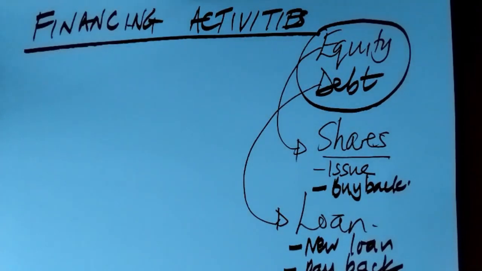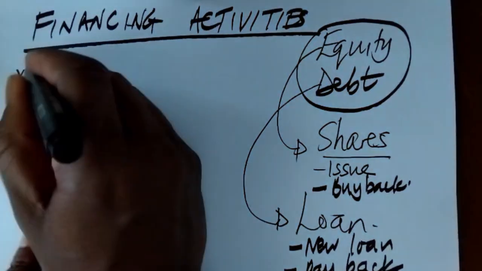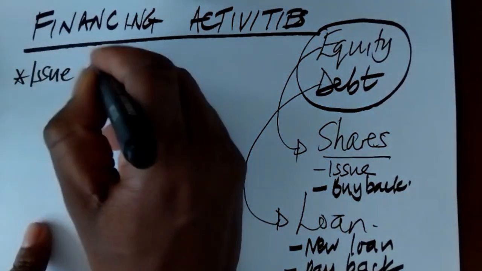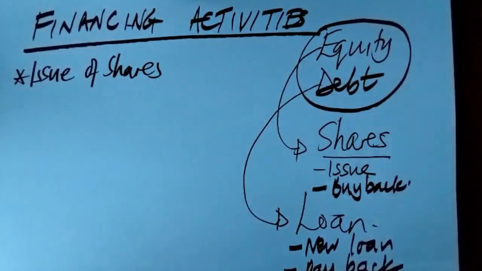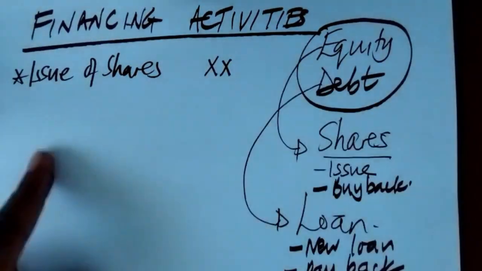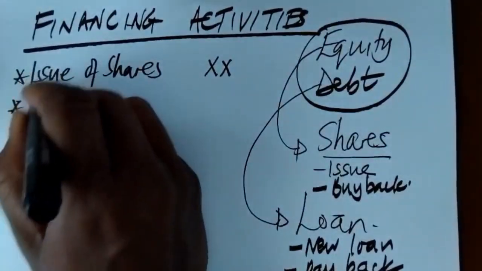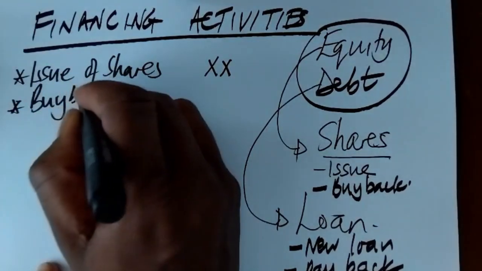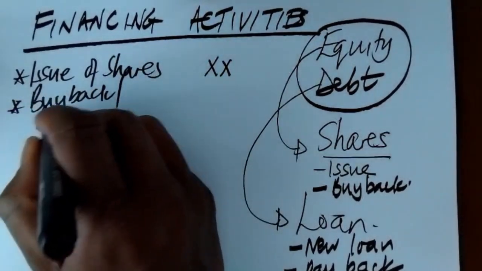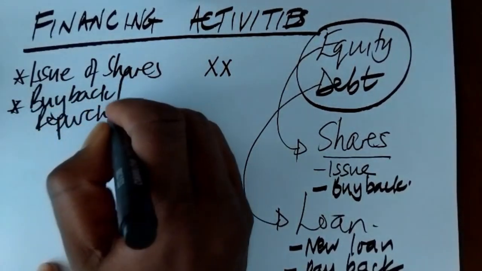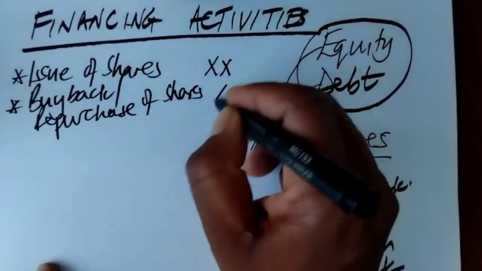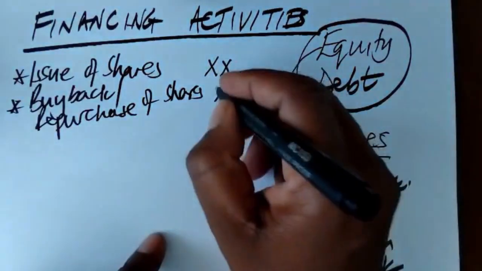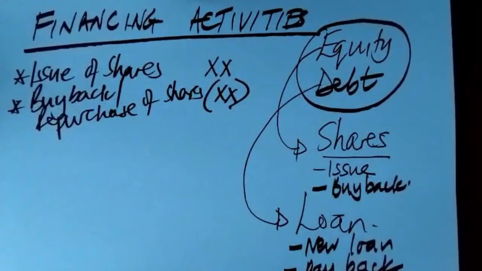So what does it mean? When I'm doing the cash flow now, so the first thing is I can have issue of shares. If I say issue of shares, it means I'm selling shares. When I sell, money comes in, positive. Or I can have a buyback, someone calls it a repurchase, doesn't matter, repurchase of shares or buyback of shares. If shares are bought back, the company is spending money, so that's negative, right?